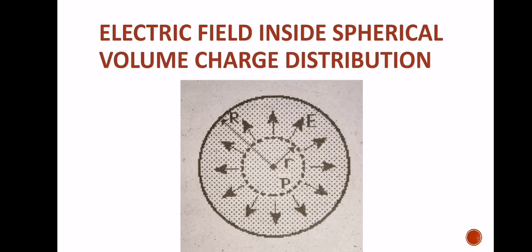Now, electric field inside spherical volume charge distribution. For this, let us consider a uniformly charged sphere having the radius R, as in the previous case, that is our uniformly charged sphere that has the radius capital R. Now take a small volume element dV of the sphere having the charge dq.